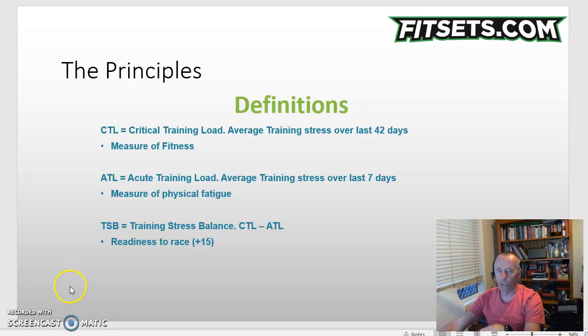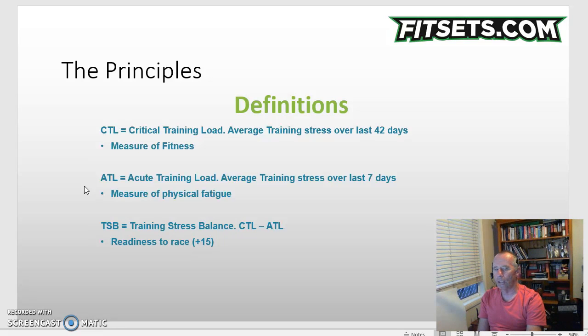So really important terms. You don't have to know or remember them, but when you look at the performance chart, the CTL will be the blue line that steadily goes upwards, hopefully, and then during our off weeks just drops down a little bit. ATL is the pink line, which has a lot of peaks in it, just showing where you've put in efforts, your hard sessions, etc., and drops down relatively quickly because it's taking a 7-day average as you recover.